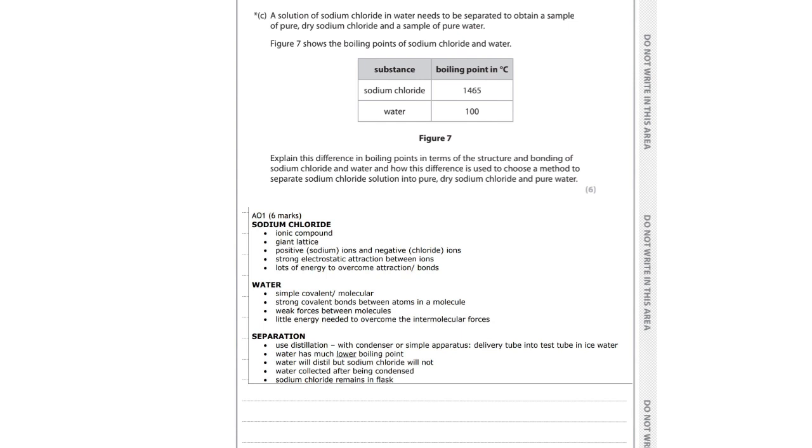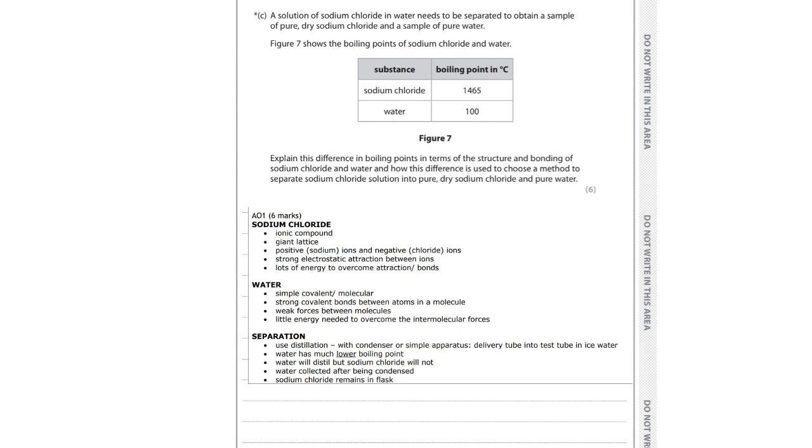Look, I think that was a pretty easy 6 marks. If you understood the topic on structure and bonding, and you could describe the difference between the structure of sodium chloride, which is an ionic compound, and water, which is a simple covalent molecule, then that was an easy 4 marks.